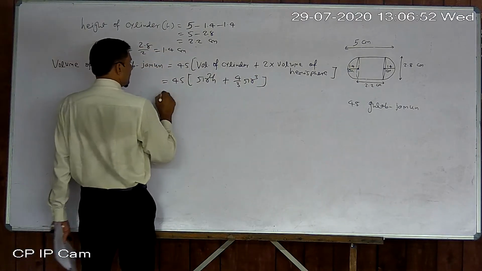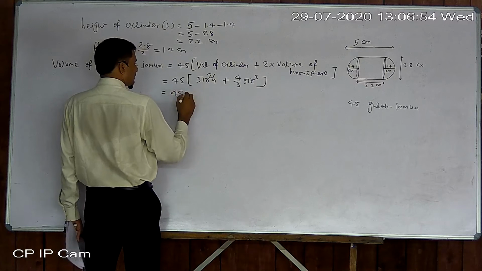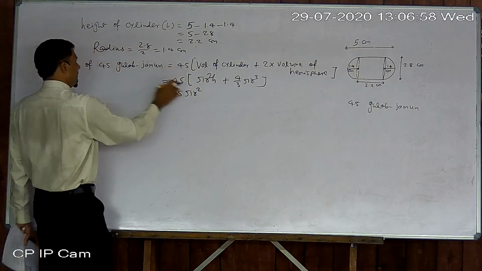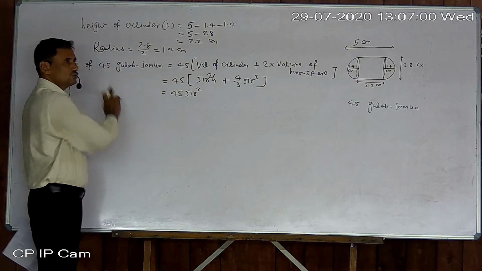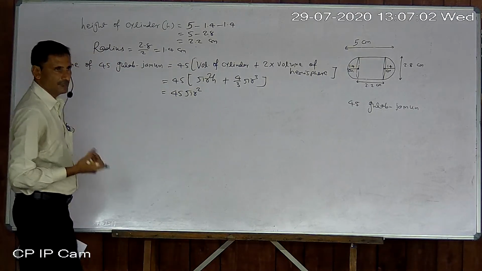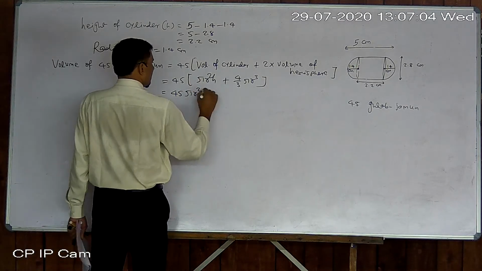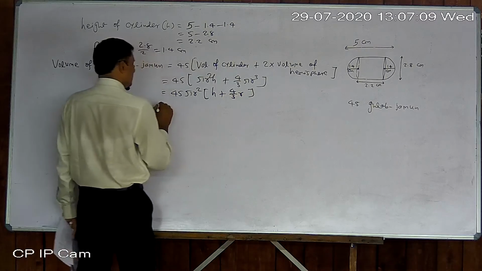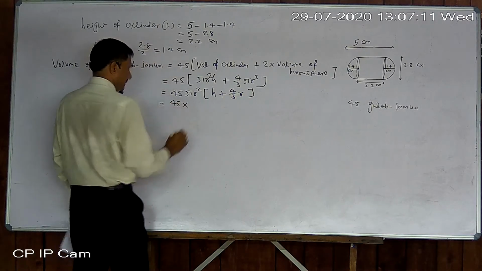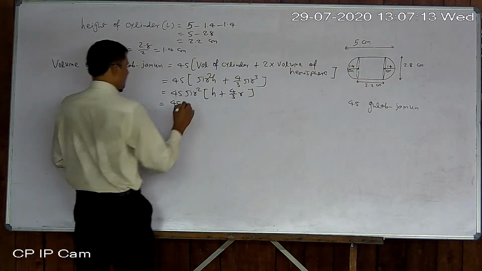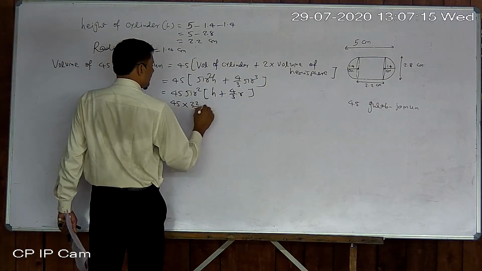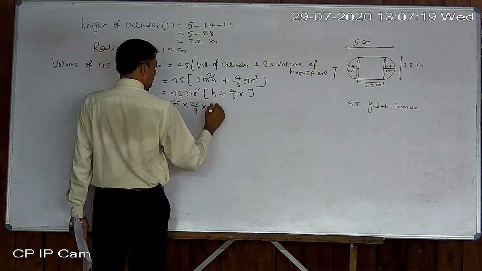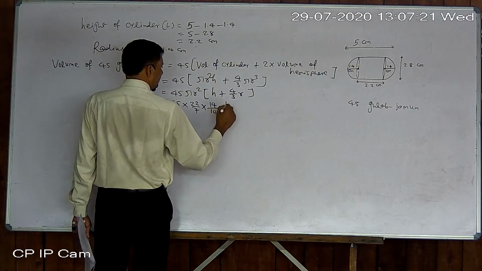Now take pi r square common. Where did the 45 come from, you know? There are so many gulab jamuns, that's why. So here h, and here 4 by 3 r. Now place all values: 45, pi's value is not given, so 22 by 7, r is 1.4, so I can write 14 by 10.